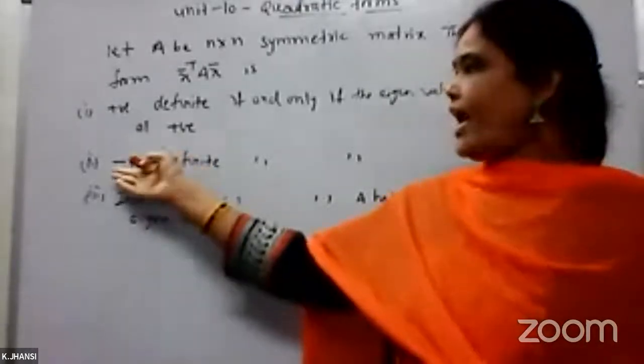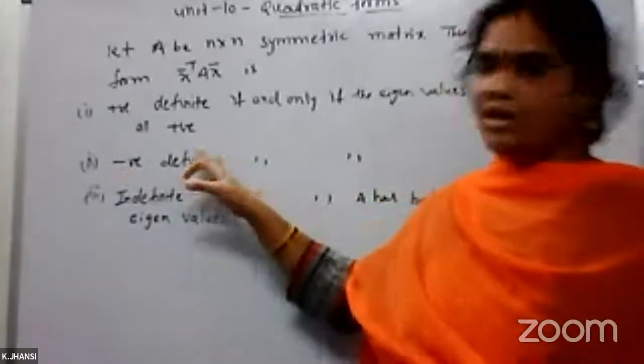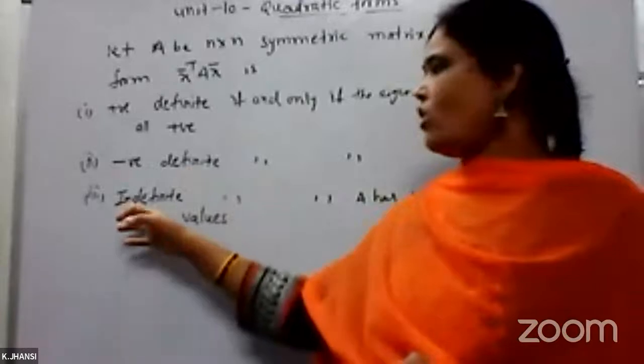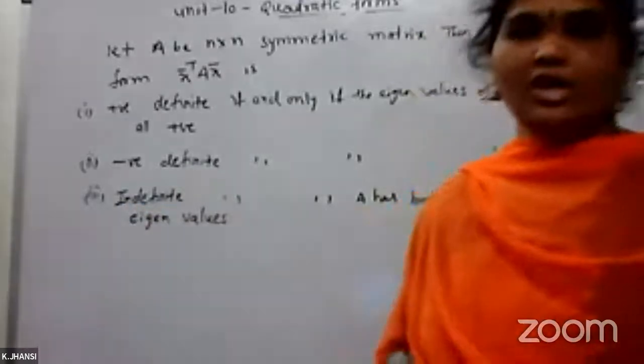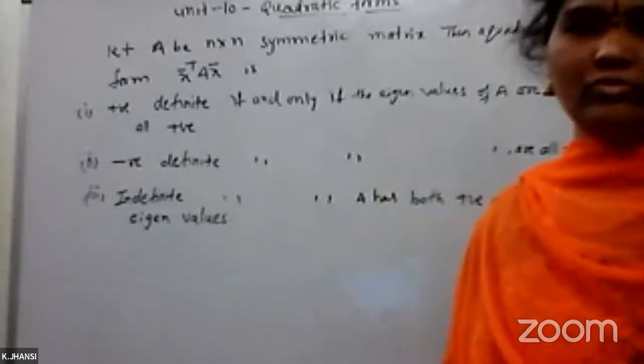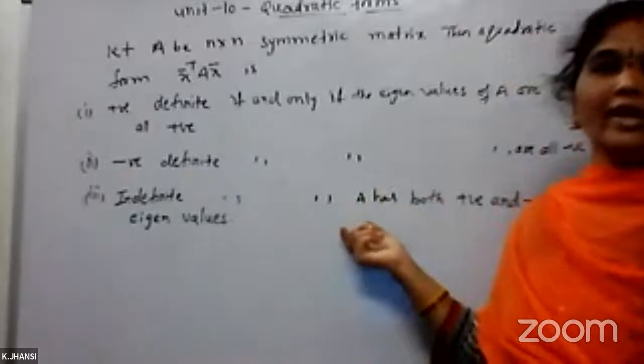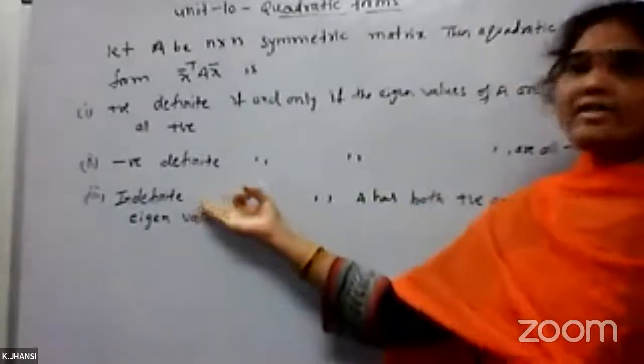The third case is indefinite, which means a combination of positive and negative. You will get one lambda value positive and another negative, then it is called indefinite.